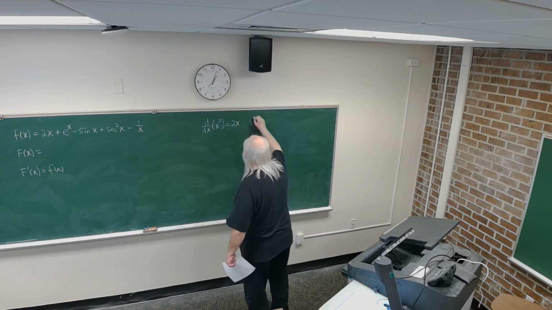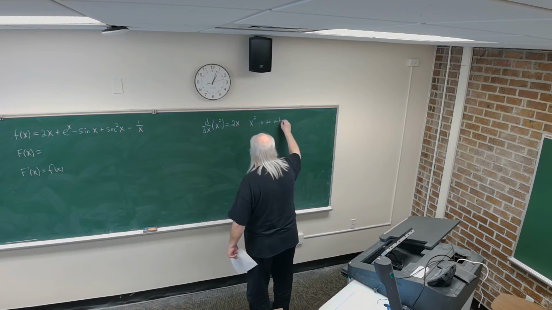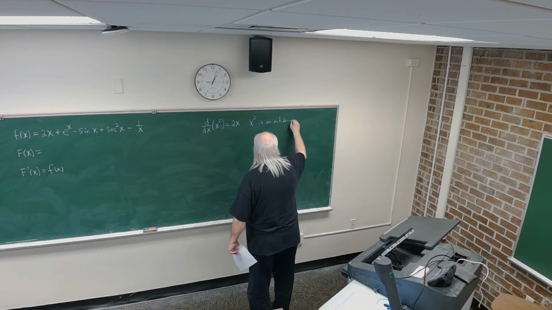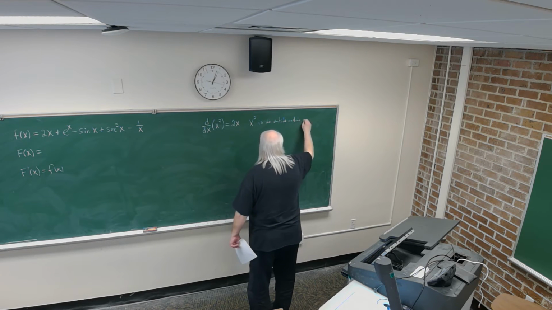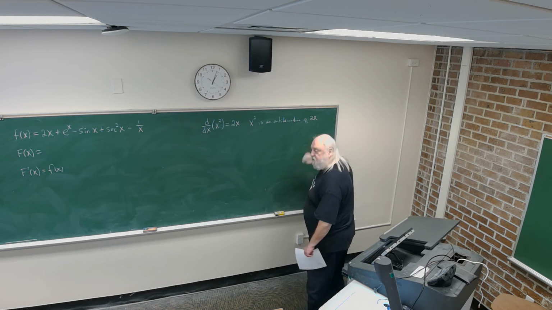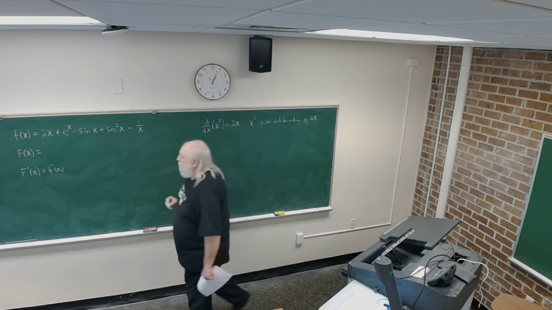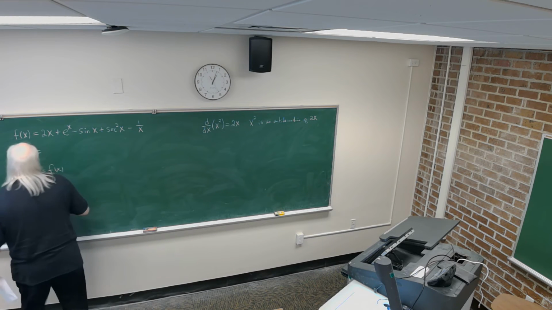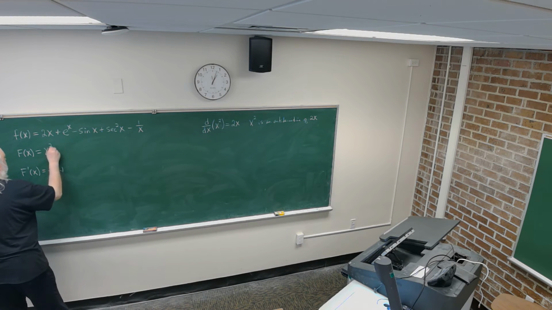The derivative of x squared is 2x. So our first term for big F of x is x squared.